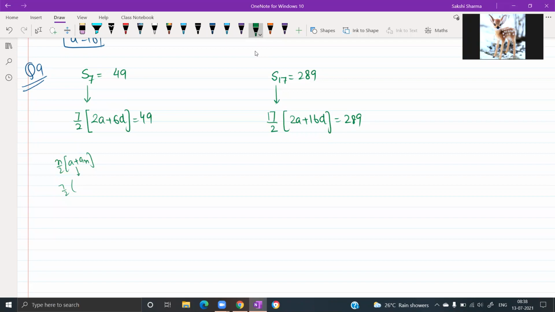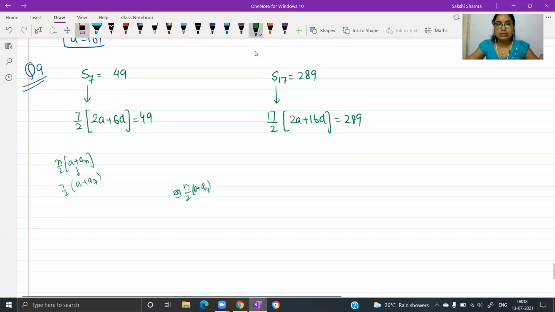So this will be 7 by 2 into A plus A7, and on this side it will be 17 by 2 into A plus A17. So the bracket part will not be constant, it will not be same. You'll have to replace the values A7 and then apply the formula for A17. Then after that you can solve. Now at this moment we can, yes, that's fine.